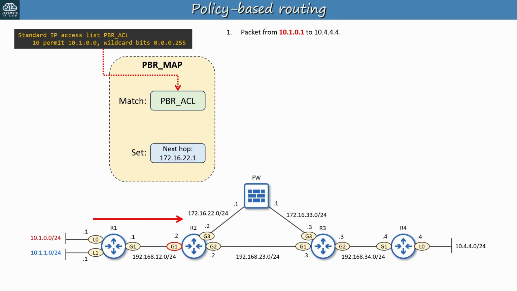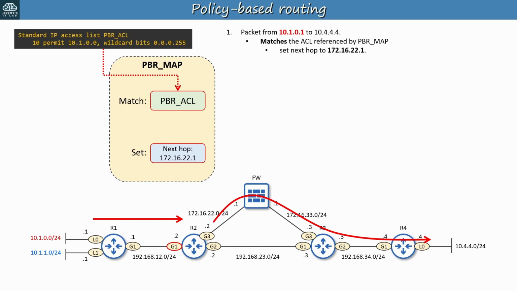Since we have applied the route map to R2G1, R2 checks the route map before looking at the routing table. And the packet matches the ACL referenced by our route map, which permits 10.1.0.0/24. So the packet's next hop should be set to 172.16.22.1.